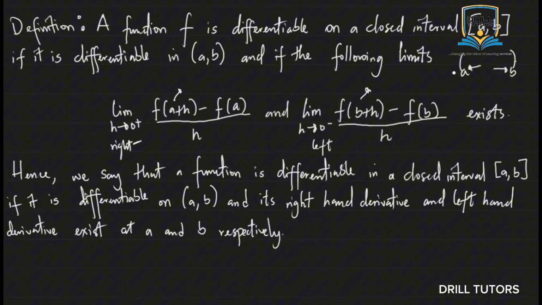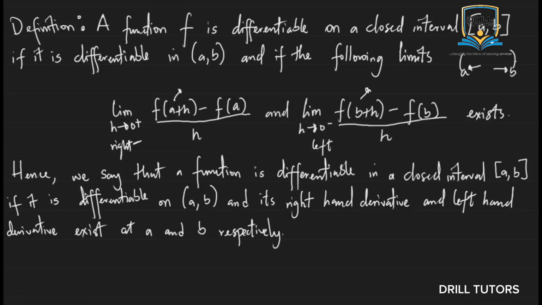So values approaching a and b, and not the values of a and b themselves. So we are saying, x is approaching a from the right, and it is approaching b from the left.